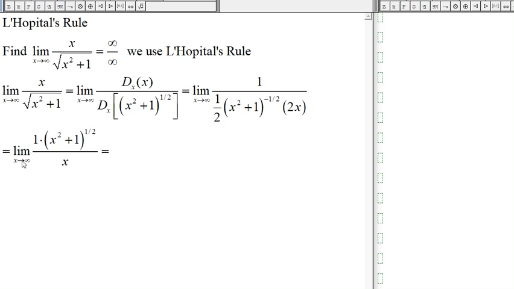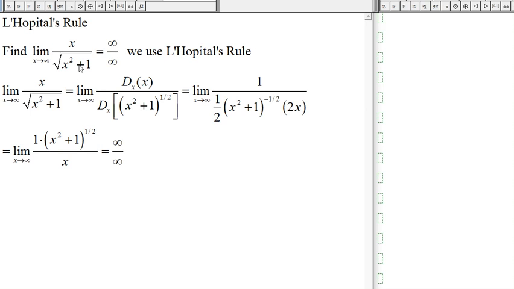And now we allow x to run to infinity. Remember that the power of 1 half is the same as the square root. So as x runs to infinity, right here we get infinity for the numerator, and then we get infinity again. So the first time we had infinity over infinity, and then we took the derivative of the top and the bottom, and we end up with infinity over infinity again.